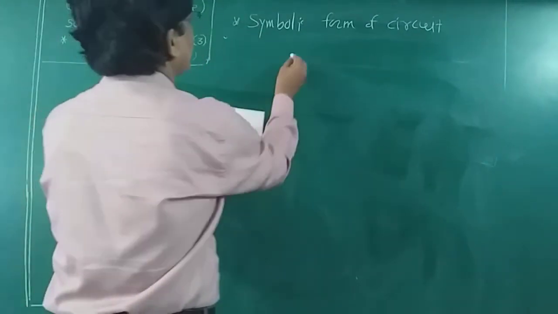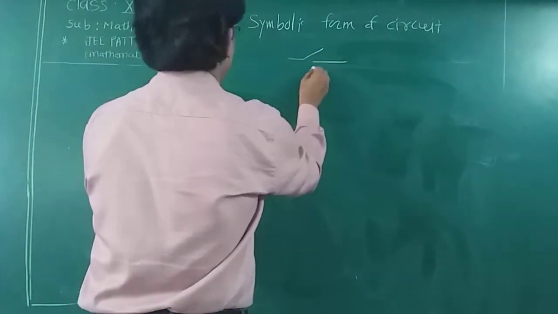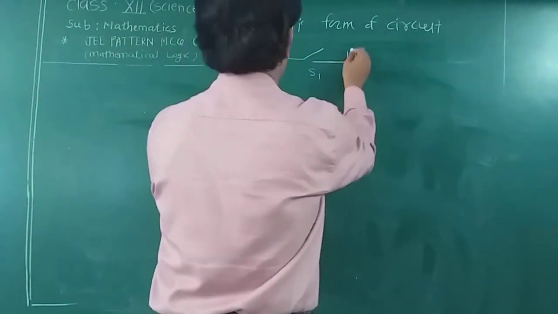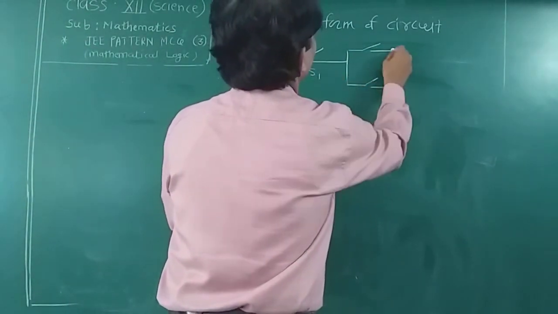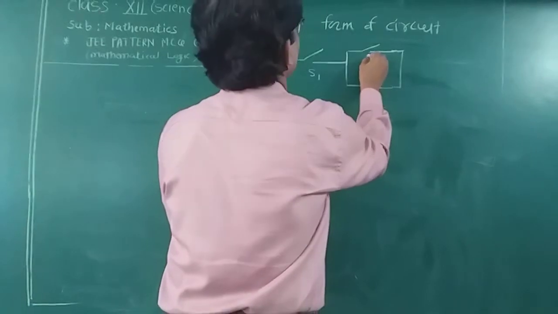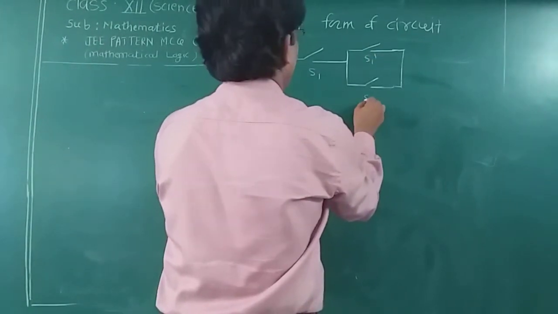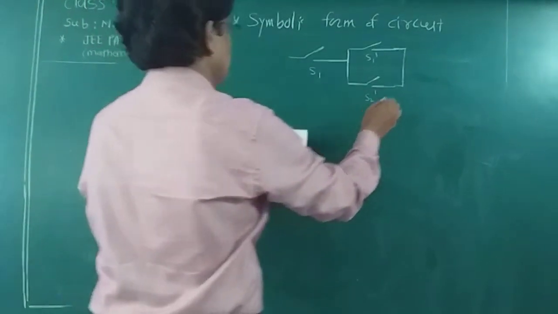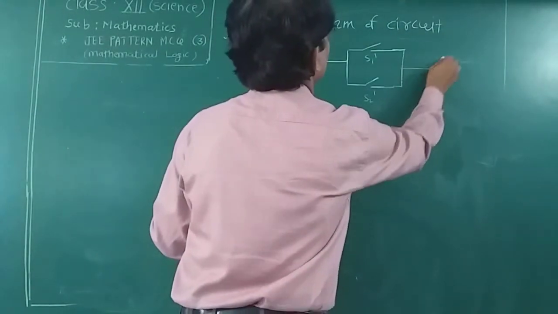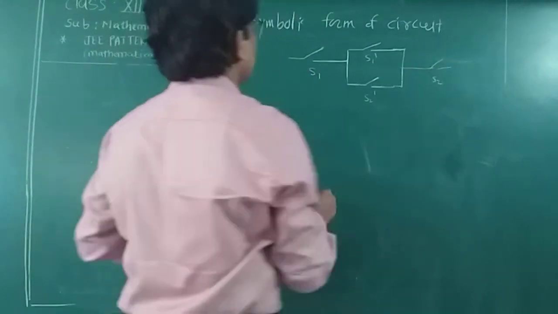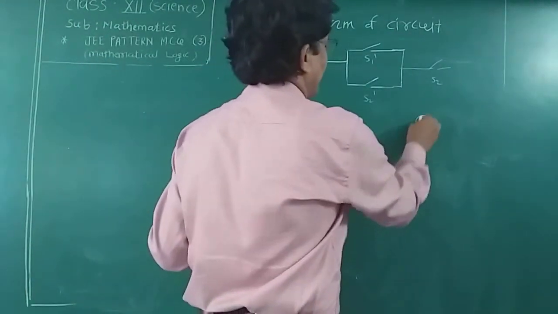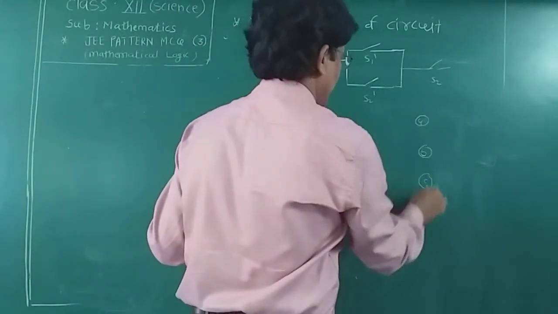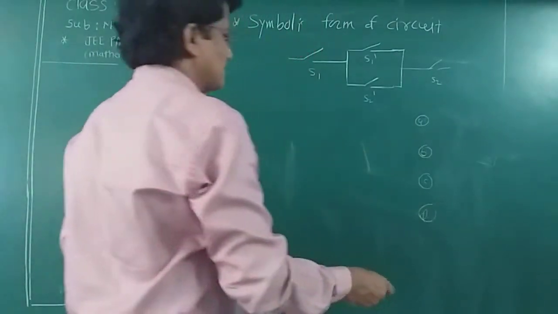This is a circuit given. Here switches S1 dash, here S2 dash, and here again S2. This is the example, and options here are A, B, C and D.